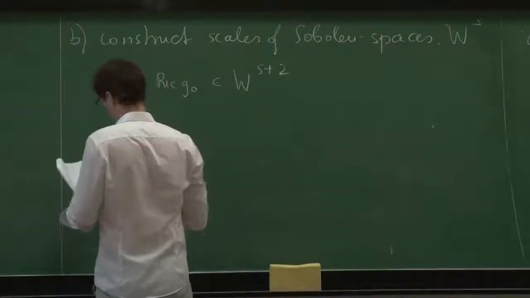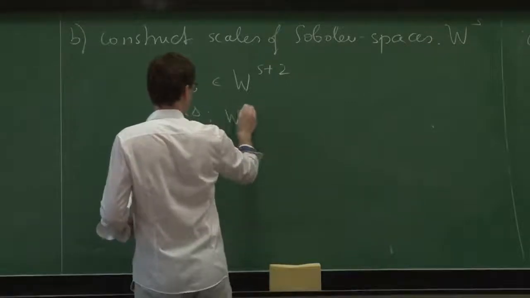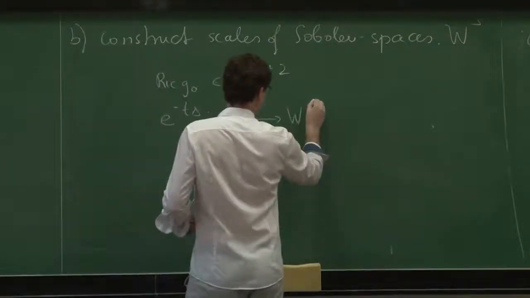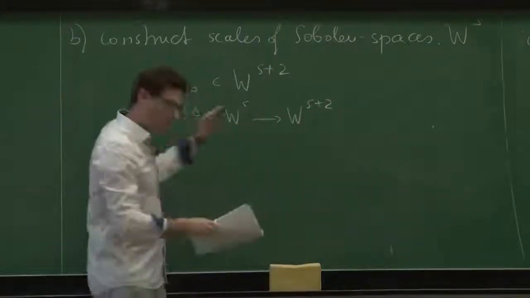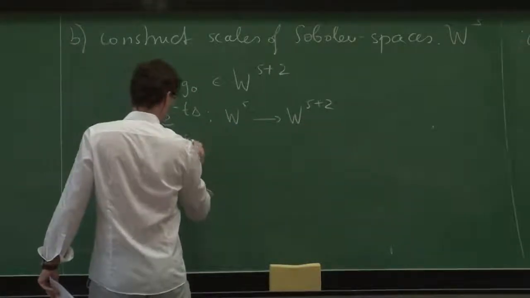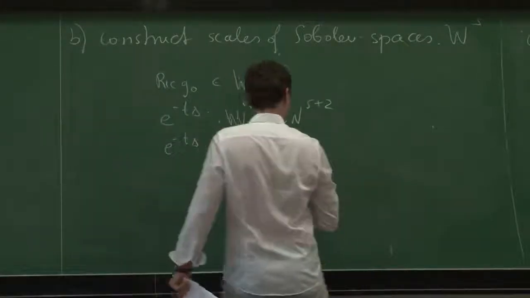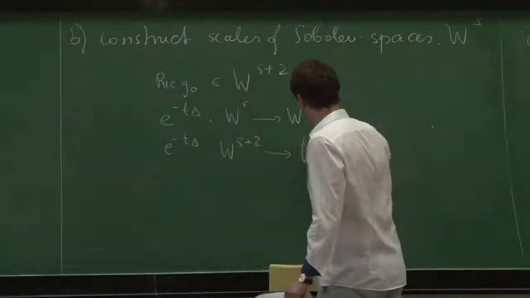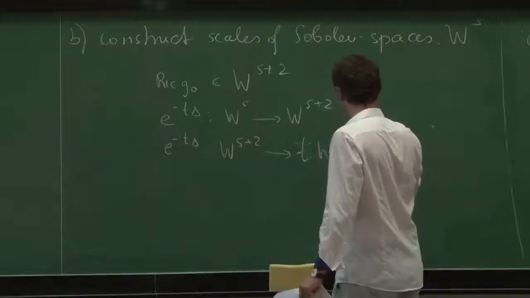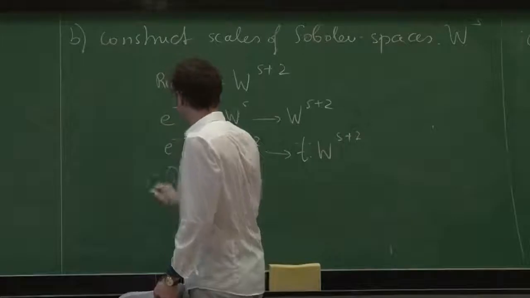You fix some regularity s. Your heat operator takes omega s and maps it to omega s plus 2. It increases the regularity. And if you apply it to something which is already of high regularity, it gives you even a time bound, omega s plus 2.